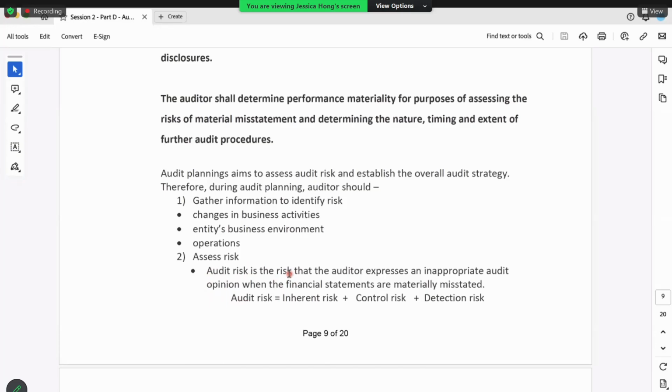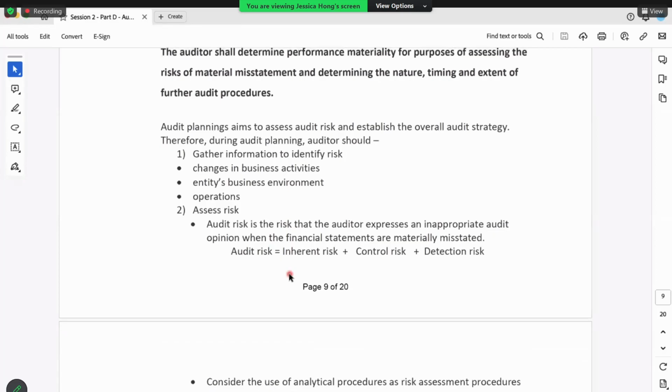I just want to share this with you so that you are able to apply it to the case study. Some balances or classes of transactions naturally have higher risk. Just to give you an example, take intangible assets. If you compare intangible assets and property, plant, and equipment, because of its nature, intangible assets usually have a higher inherent risk.